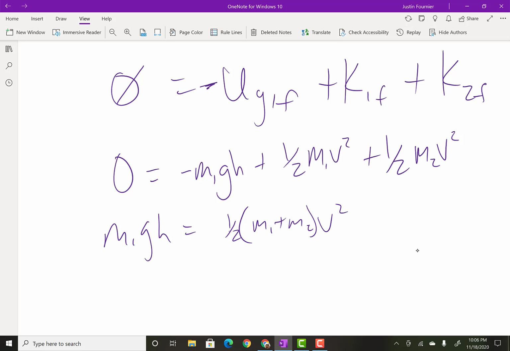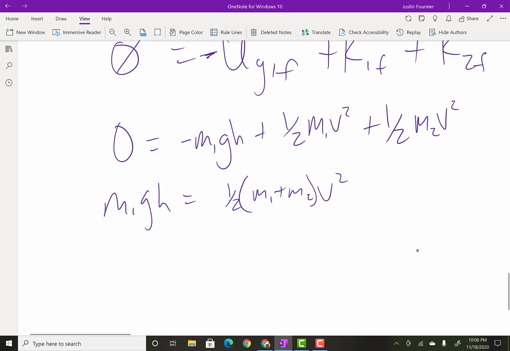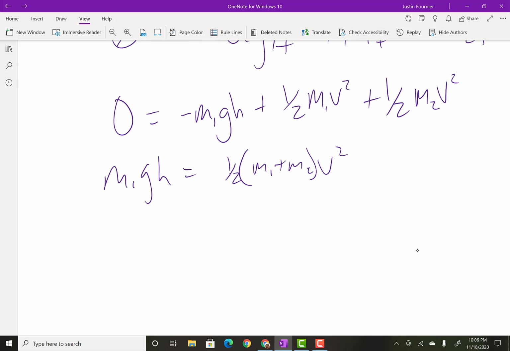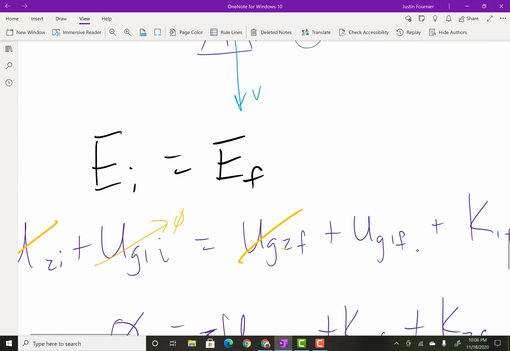So v squared, and then I can get the speed. I multiply both sides by 2 and divide by m1 plus m2. So I get 2 m1gh over m1 plus m2 equals v squared.